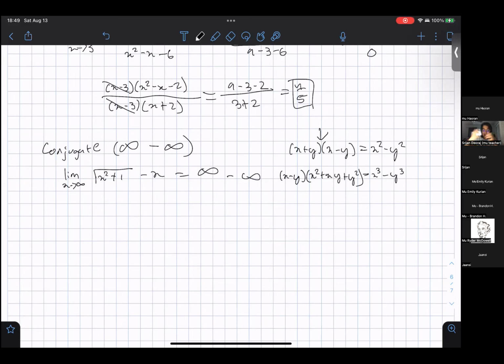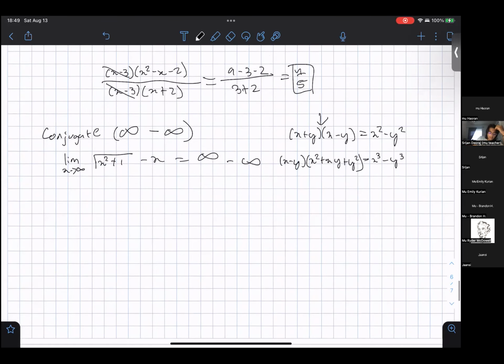So anyway, continuing on, we can multiply this by a conjugate, plus x. And in order for it to still be equal to itself, we have to do it as a fraction. So we do this on the top with plus x, but also divide by the square root of x squared plus 1 plus x. And remember, if you're dividing by the same thing, it's just 1.